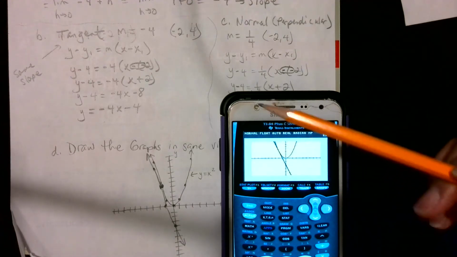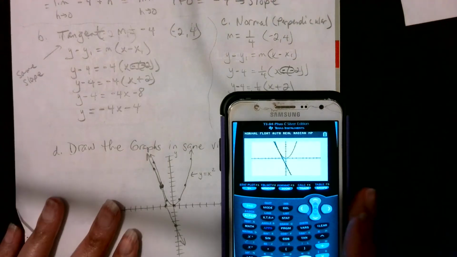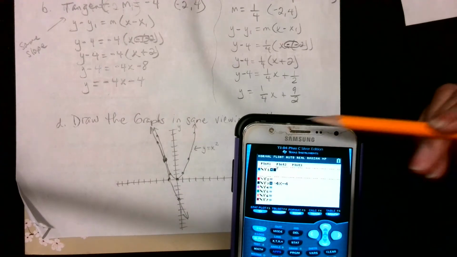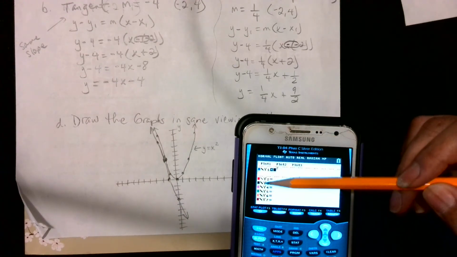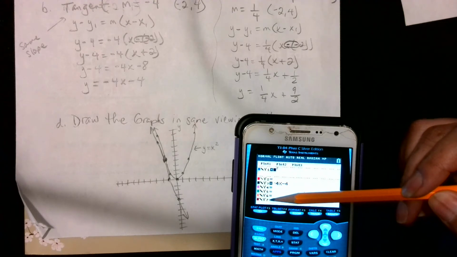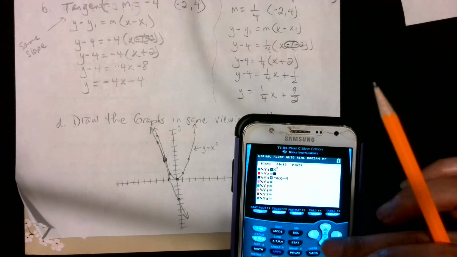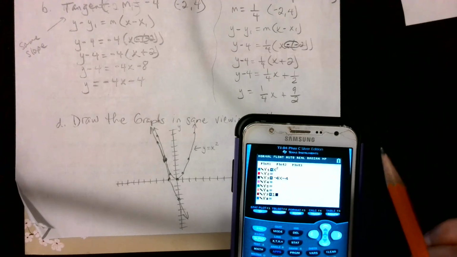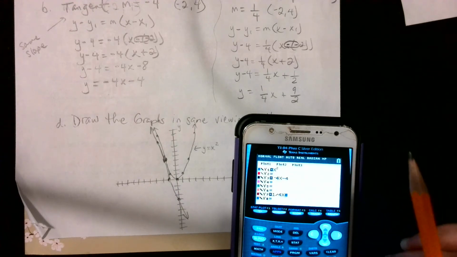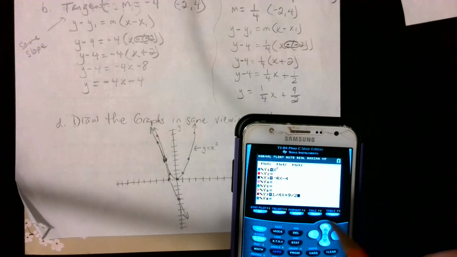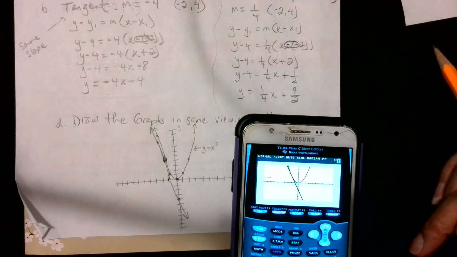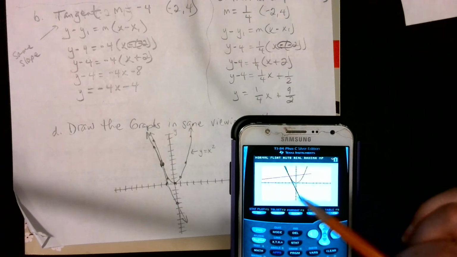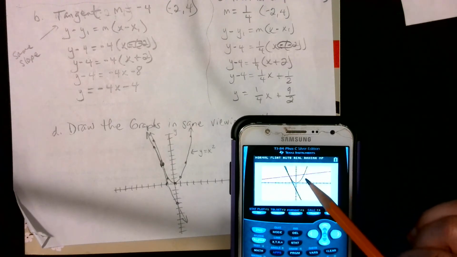Okay, so now we need to graph our normal, or perpendicular. I'm going to try to put it under a darker color, maybe this brown down here, because it actually doesn't matter where you put it. Let's try this: 1/4 x plus 9/2. Oh, okay, there it is. Alright, so this is our perpendicular, or our normal.